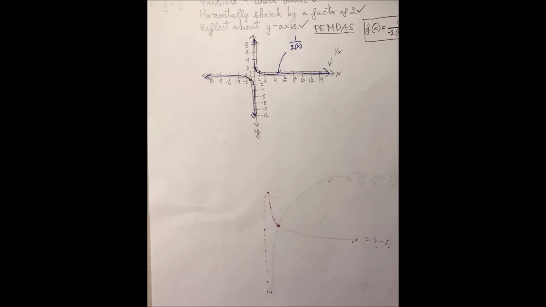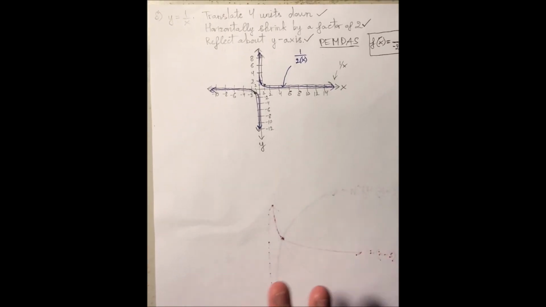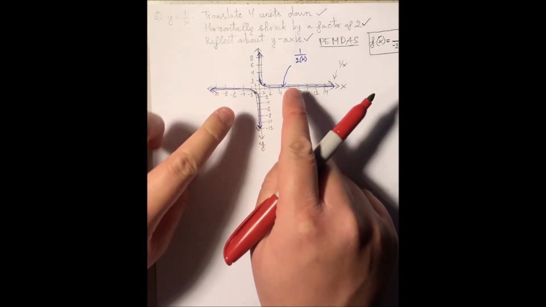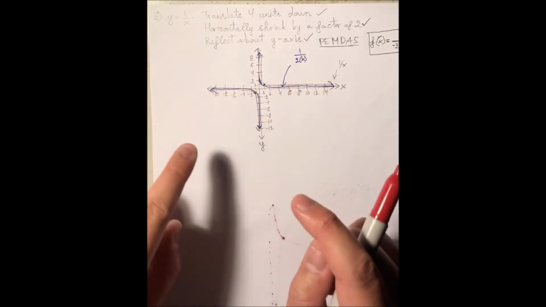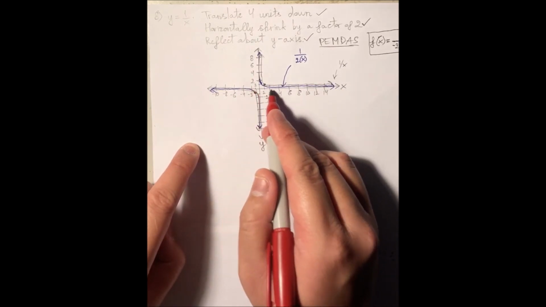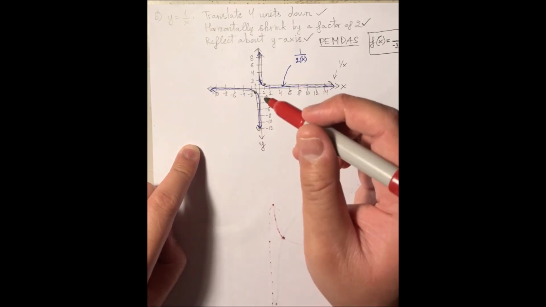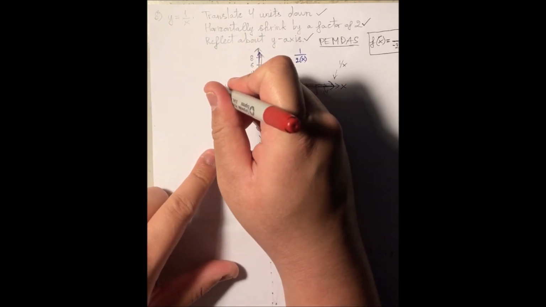Okay. Now for the next transformation, which is reflecting across the y-axis, we take the most recent one in the blue and we just make a mirror image across the y-axis. So this part in the blue ends up over here, and this part in the blue down here ends up over here. So it's probably going to look something like this.